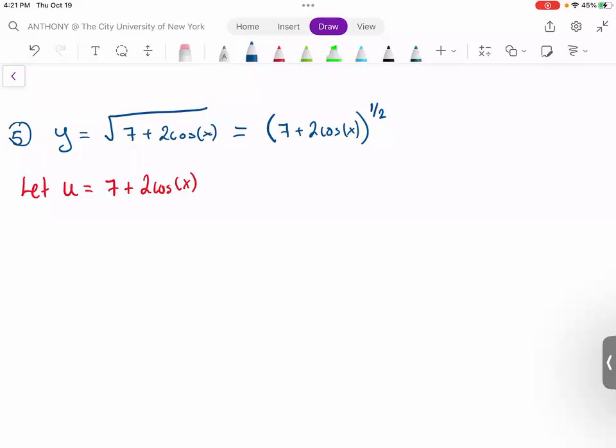So this will give you f of u is now u to the power of 1/2. Now you find your derivatives. Find u prime, find f prime of u. So if I want to find the derivative of 7 plus 2 cosine of x, first of all, derivative of 7 is 0. That goes away. Now, anybody remember what's the derivative of cosine?